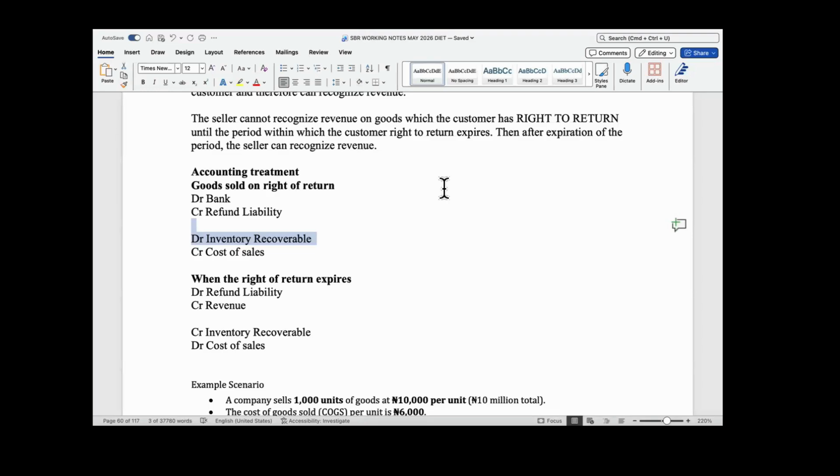Yeah, we credit refund liability. So you debit inventory and credit refund liability. I hope I'm on track.